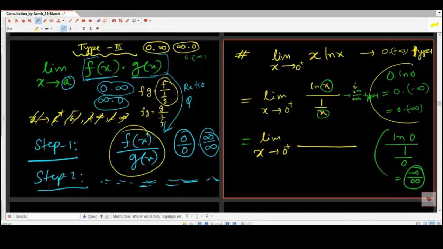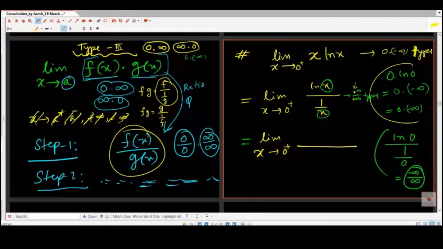That is the main concept. So if we have infinity over infinity, in that case, we can apply L'Hopital rule. That is, we can differentiate both upper function and lower function separately at the same time. So no matter we have whether plus infinity or minus infinity, the main concept is we have infinity in numerator, we have infinity in denominator.